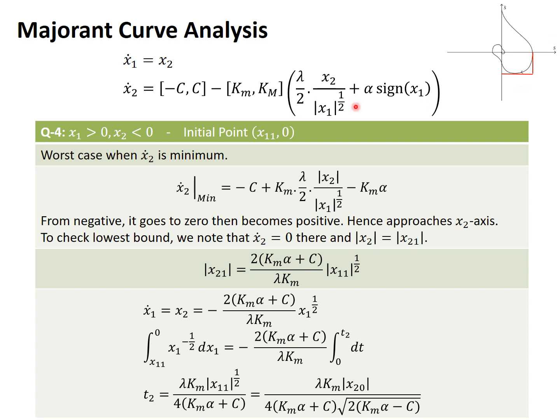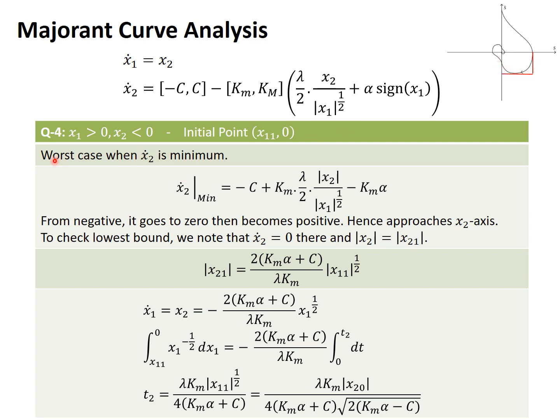What we will analyze is that we have to take note of the minimum of x2 dot, because with x2 dot being minimum, x2 will try to decrease here. If it keeps on decreasing and goes out, it becomes unstable, or it comes back, becomes 0 and then becomes positive. That is what we have to see.